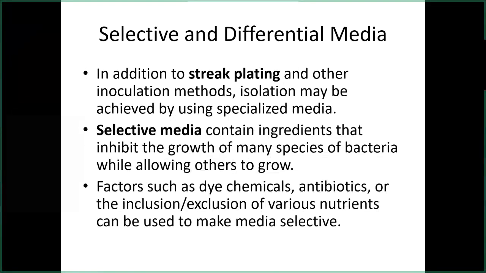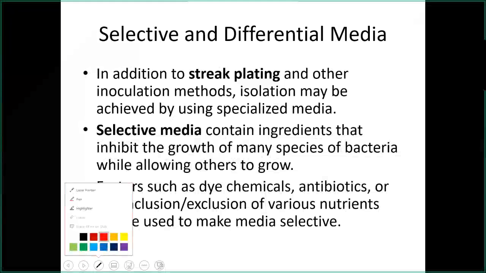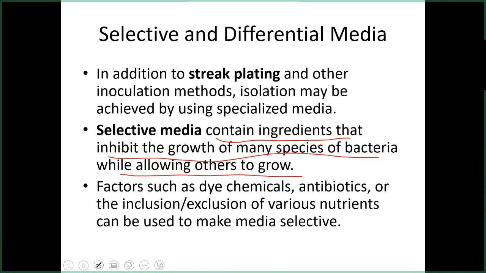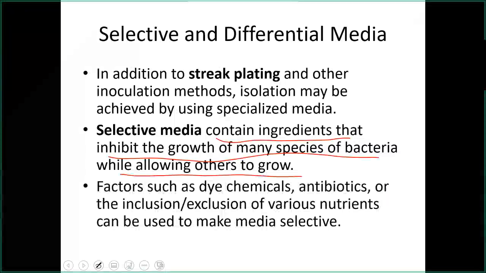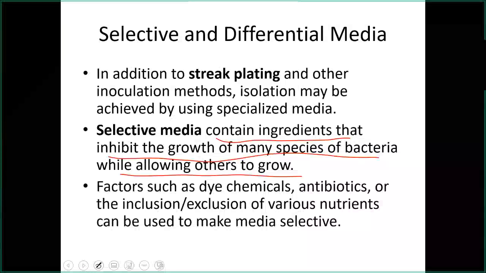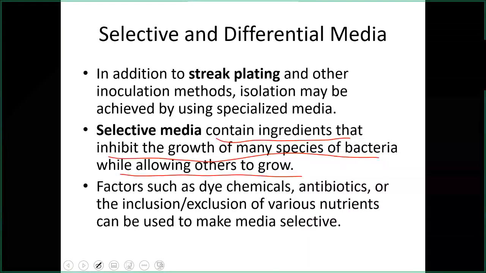It should be emphasized that these media contain ingredients that inhibit the growth of many species and allow others to grow. Basically, many of them are nutrient agars or nutrient broths, to which we've added additional things to modify them to make them specialized for particular jobs.